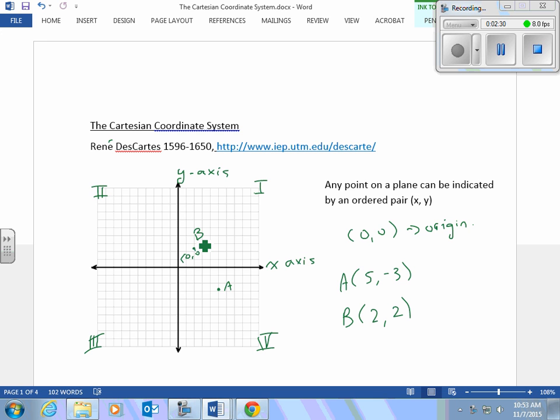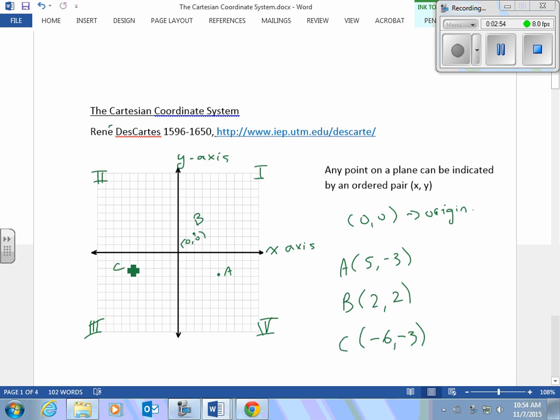Point C has the coordinates negative 6, negative 3, so I'm going 6 to the left and 3 down. So 2, 4, 6, 1, 2, 3, and there's point C. It's always over and then up or down to plot points on the XY grid, or the Cartesian coordinate system.